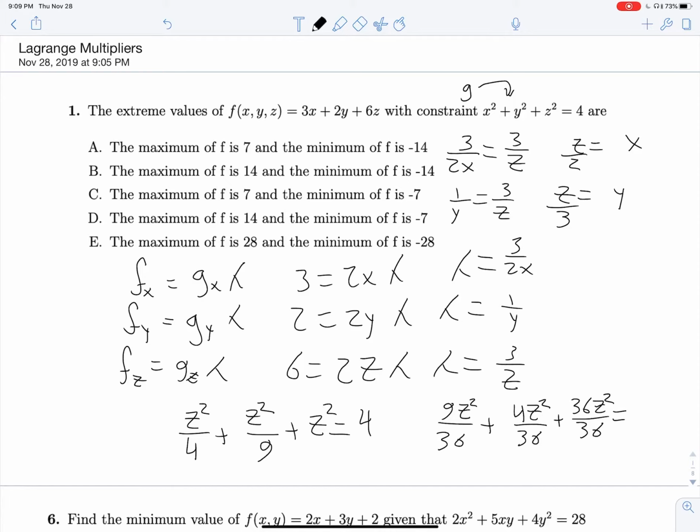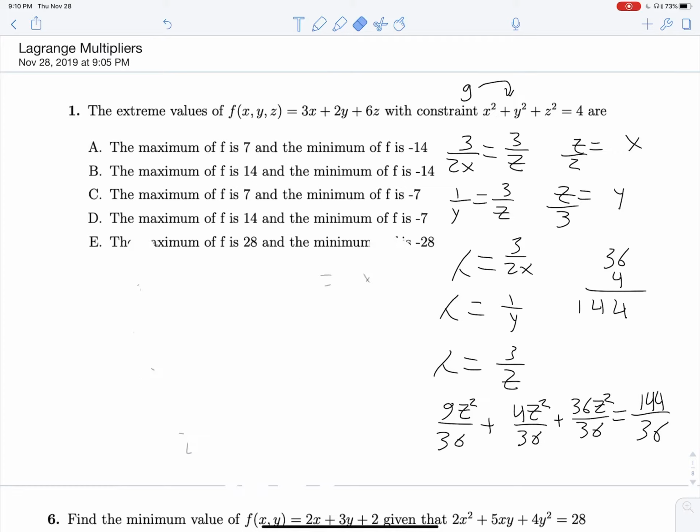And 4 times 36, that's going to be 144. So 144 over 36.